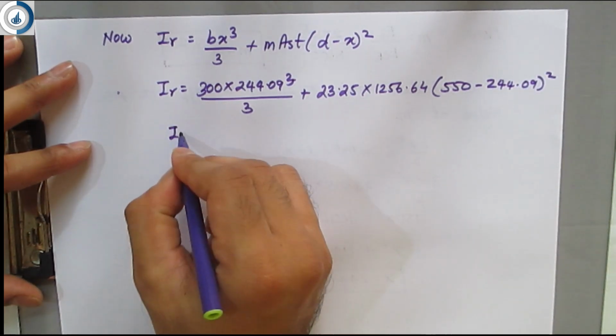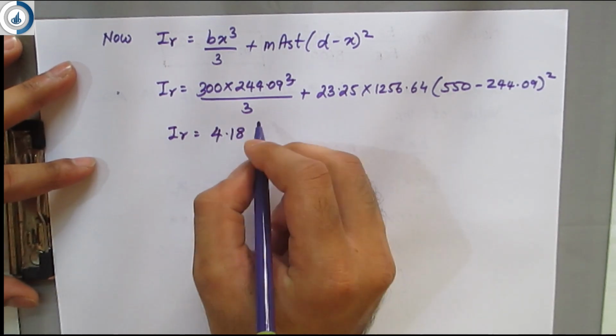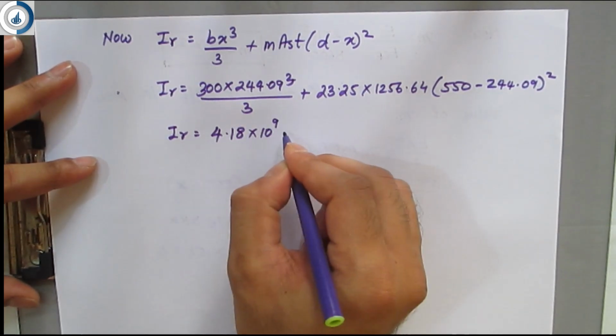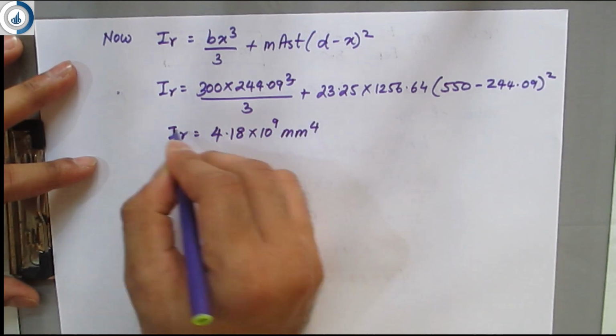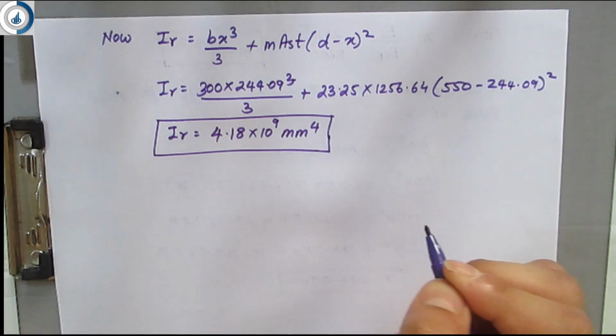So once you work this out in your calculator, you will be getting IR as 4.18 into 10 raised to 9 mm raised to 4. So this is the new IR value.